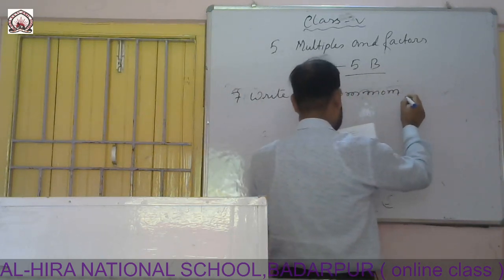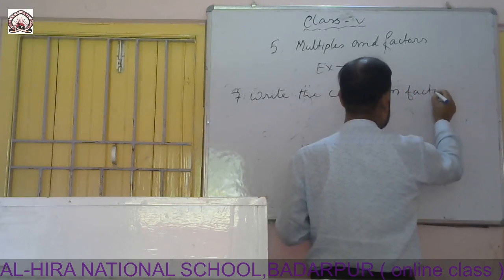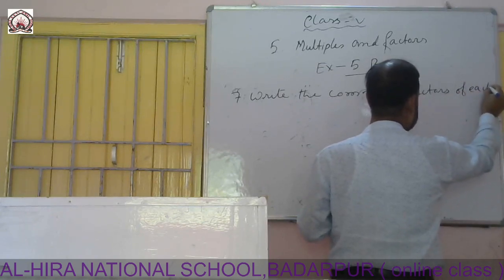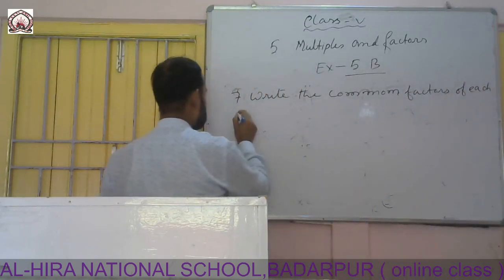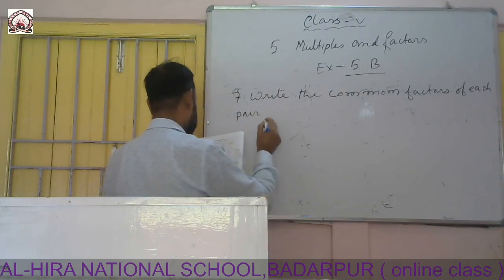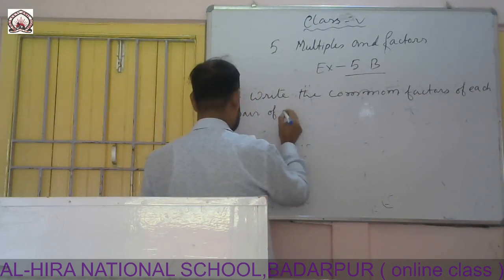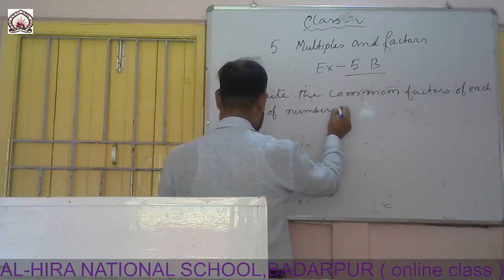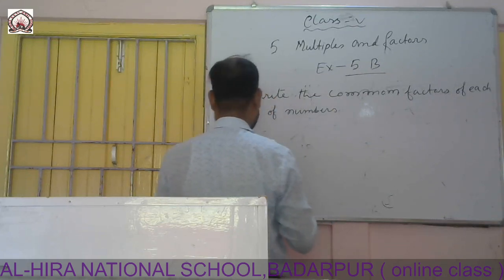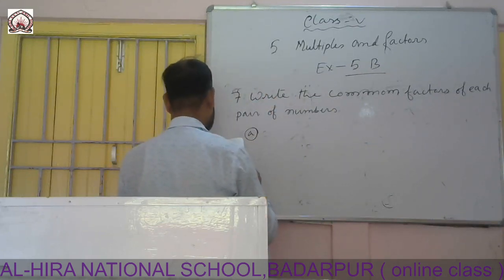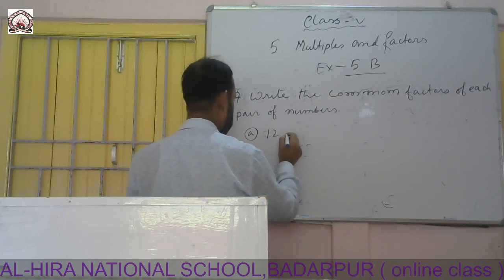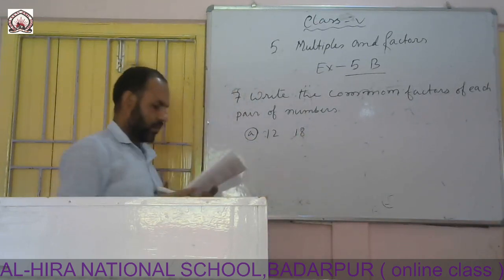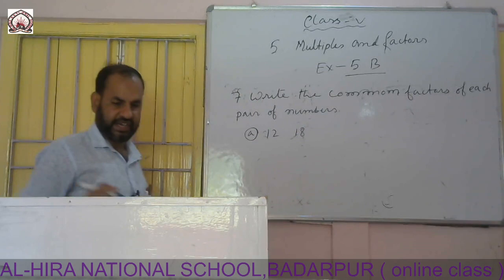Question number A, 12 and 18. We write the common factors of 12 and 18.